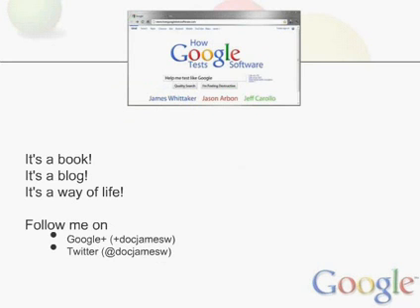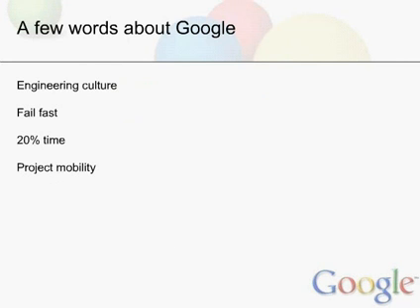So let's start. This is going to be a bit of a tour through the full tutorial and through the book. I'm going to try to get most of the salient points, and then I'll be around for questions at the end. Google is very much an engineering culture. It's not a culture that promotes a lot of management career paths. It's a culture that promotes individual contributors and engineers.